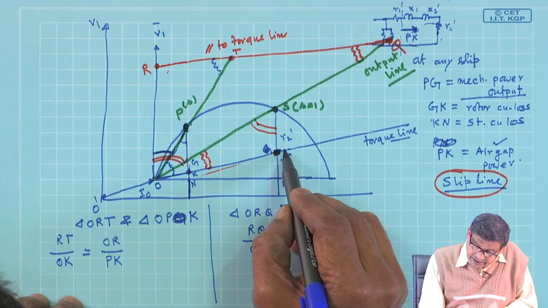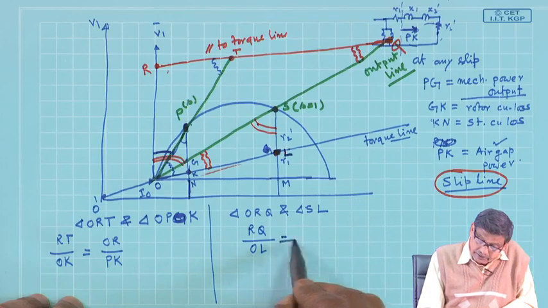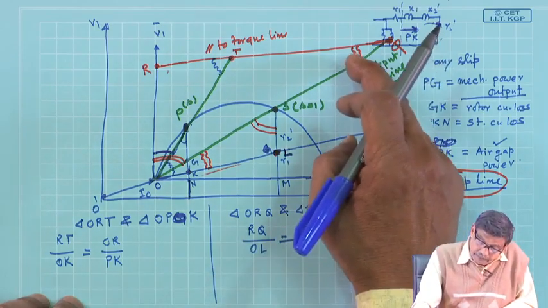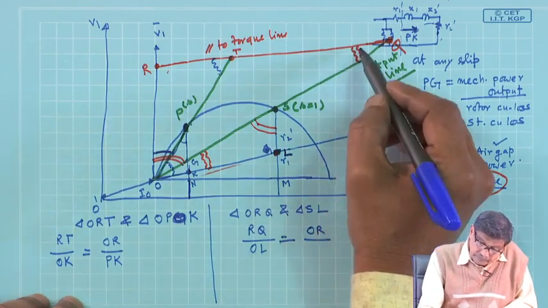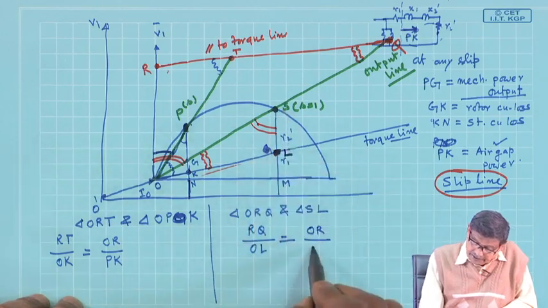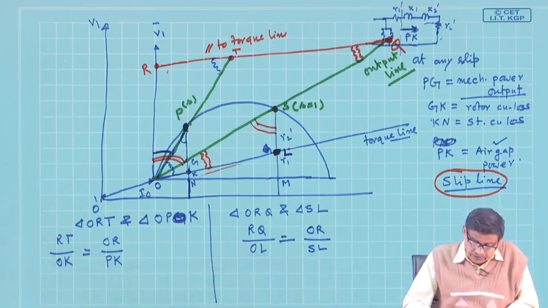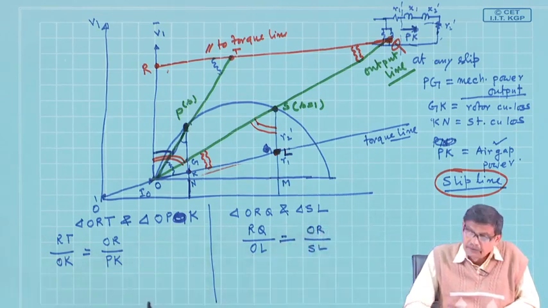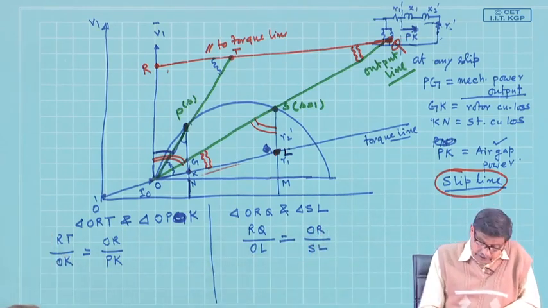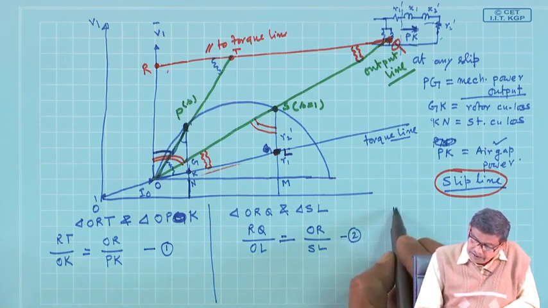This point is L. So, RQ by OL, and this will be equal to OR divided by SL, and we are done. I mean, if we write these two, because these two triangles are also similar triangles.